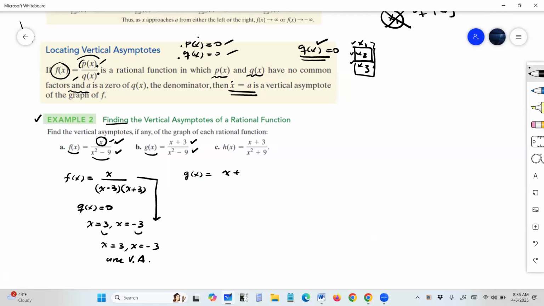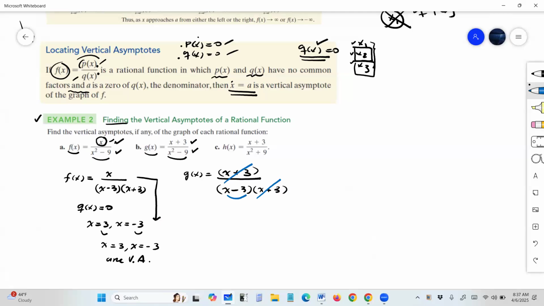And again, it's the same denominator, so I already know how this is going to factor. x minus 3, x plus 3. So notice in this case that the x plus 3 cancels with the x plus 3 from the denominator, which in this case, the only vertical asymptote would be this.